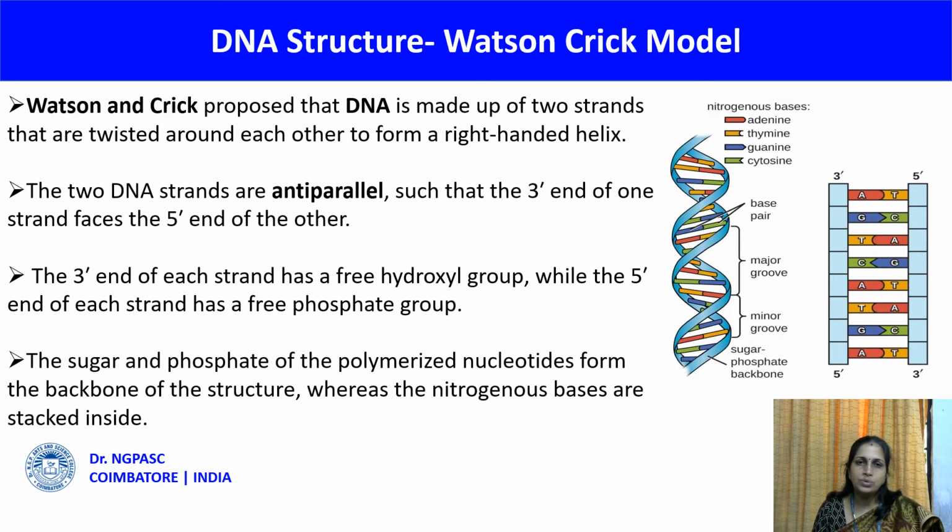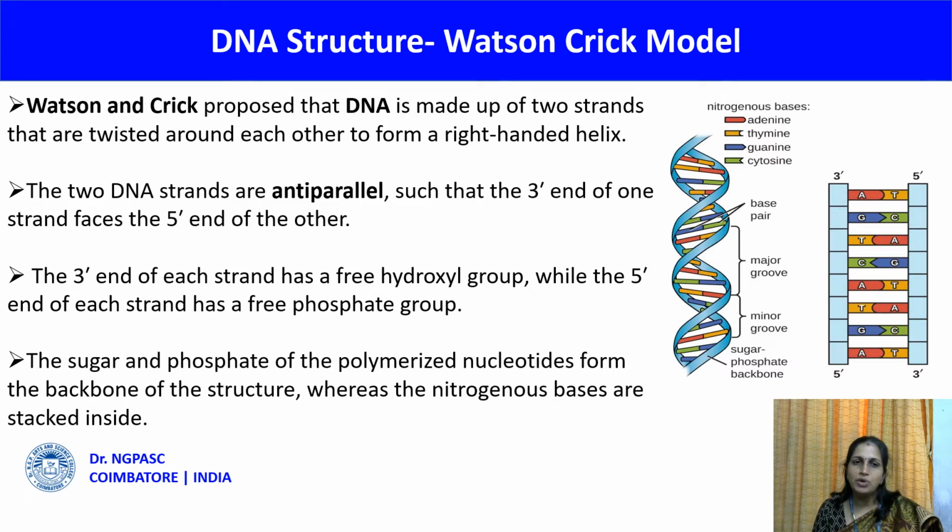Now let us move to the DNA structure as proposed by Watson-Crick model. Watson and Crick proposed that DNA is made up of 2 strands that are twisted around each other to form a right-handed helix. The two DNA strands are anti-parallel such that 3' end of one strand faces the 5' end of the other strand.